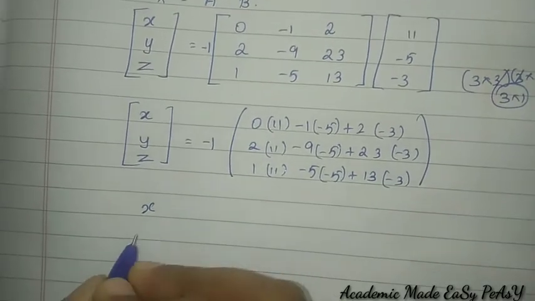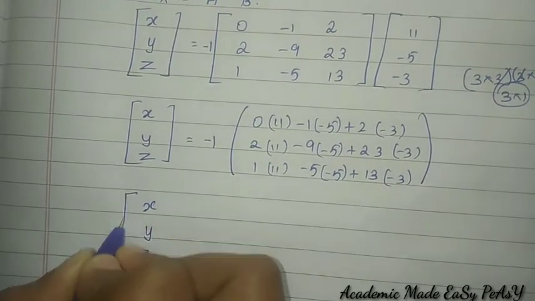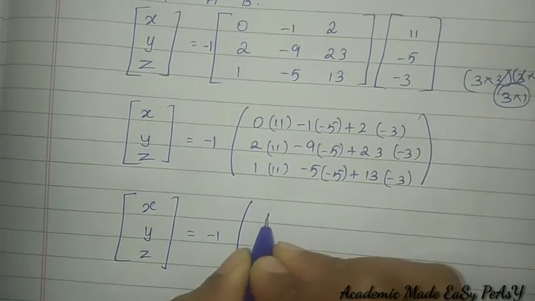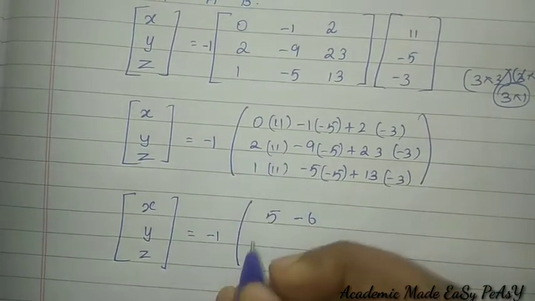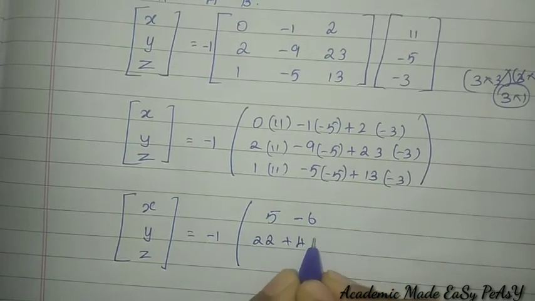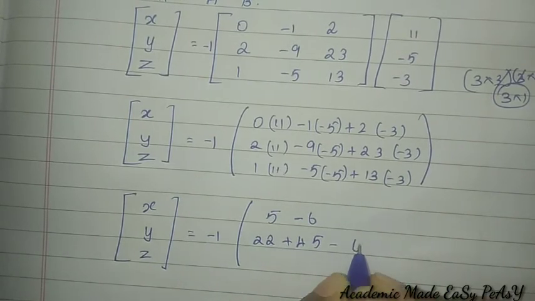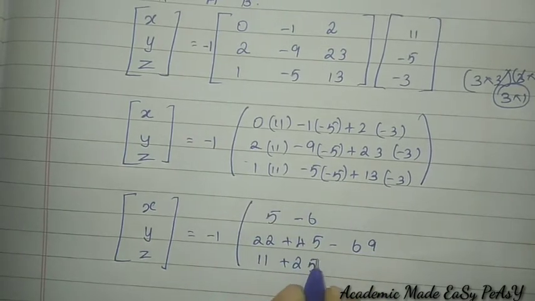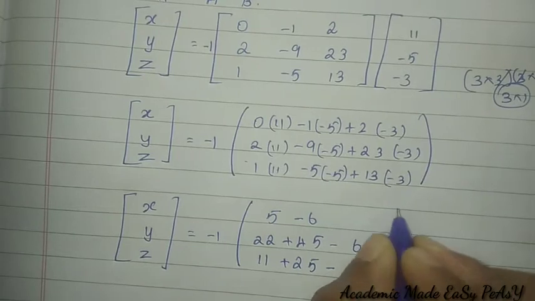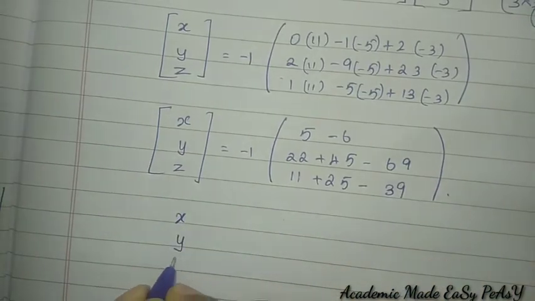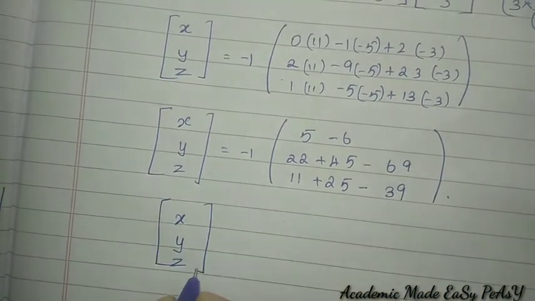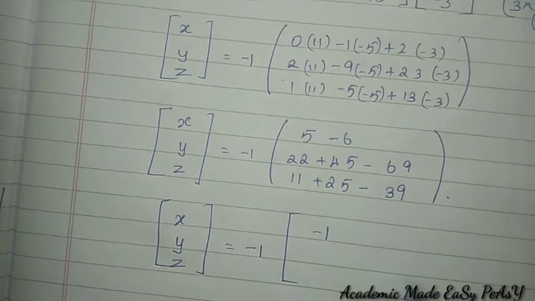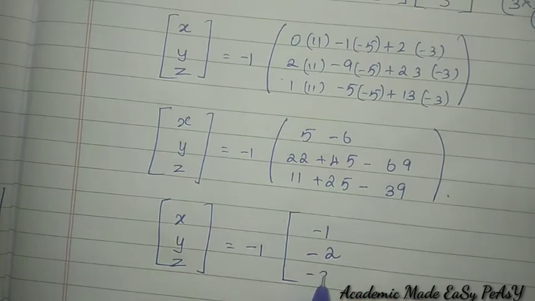So x, y, z is equal to minus 1 into 5 minus 6. Here it is 22 plus 45 minus 69. Here 11 plus 25 minus 39. So x, y, z is equal to minus 1 into minus 1 minus 2 minus 3.